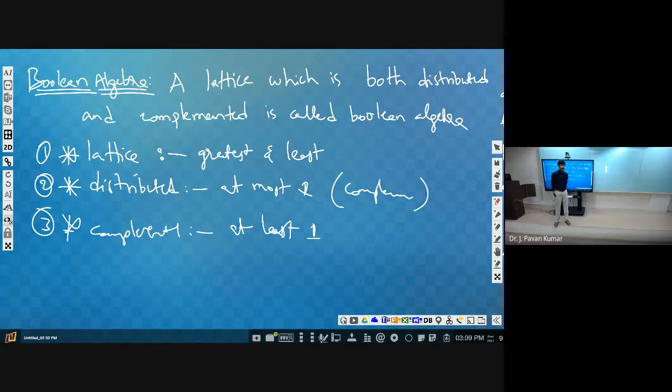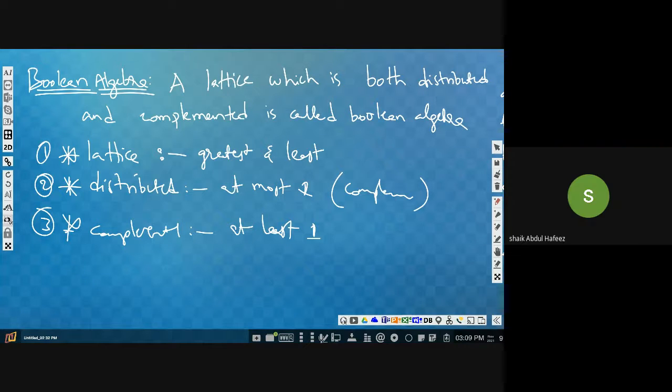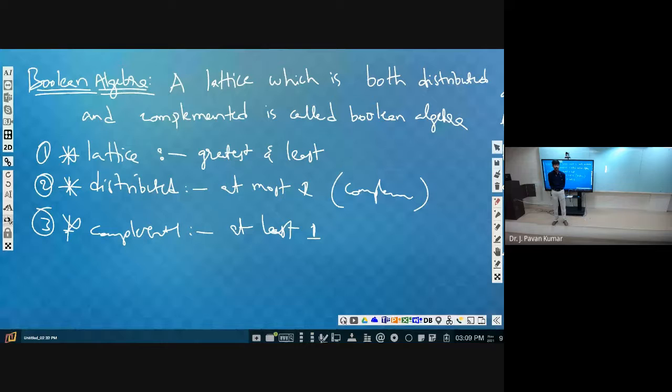That means for every pair of elements we check whether we have a least upper bound and greatest lower bound or not. If that exists, then we can say it is a lattice. Afterwards, we need to consider one more thing, that is, bounded lattice or not. After finding the lattice, we need to check whether it is a bounded lattice or not.